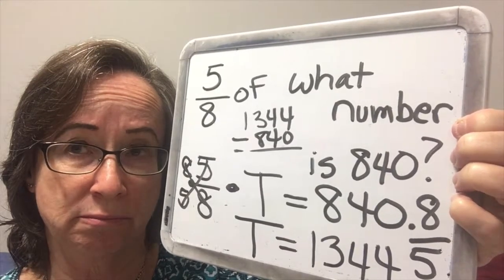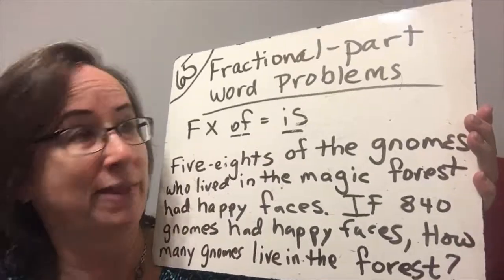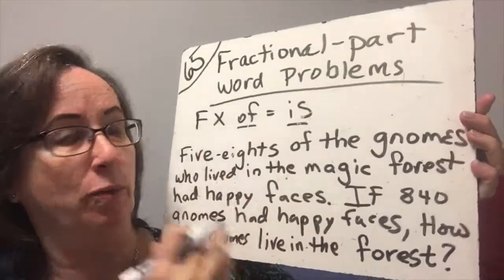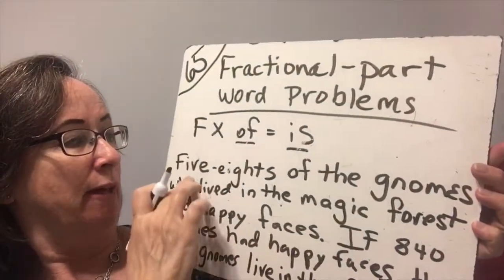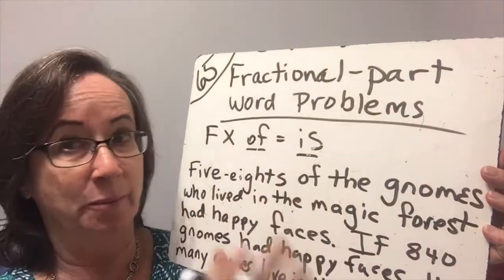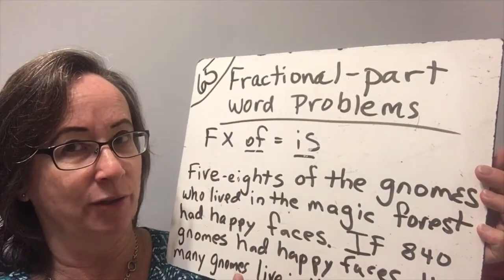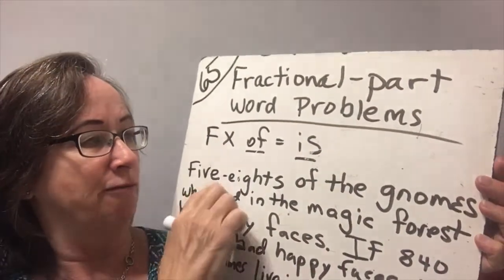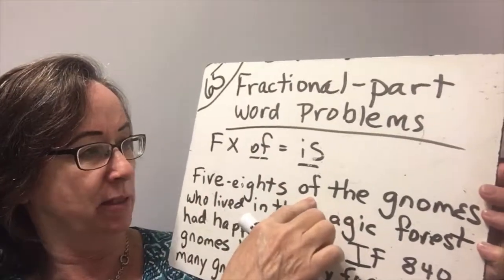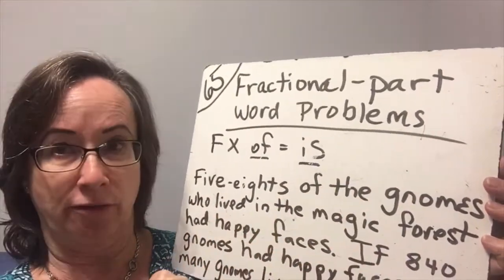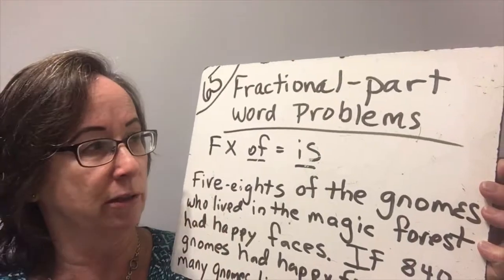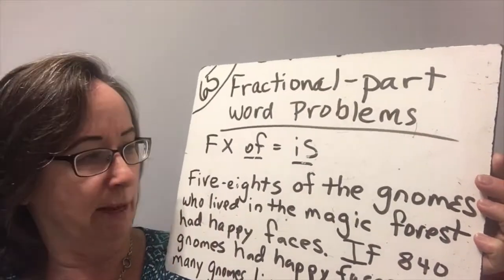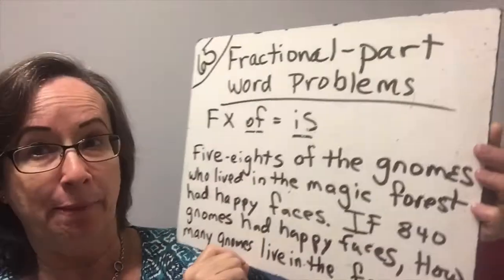So sad. Now let's look at it without this equation. If we were just reading through the word problem, 5/8 of, remember every time you see an of, you're going to think times. So 5/8 times the gnomes that lived in the magic forest. So we're talking about the total number of gnomes that lived in the magic forest had happy faces.